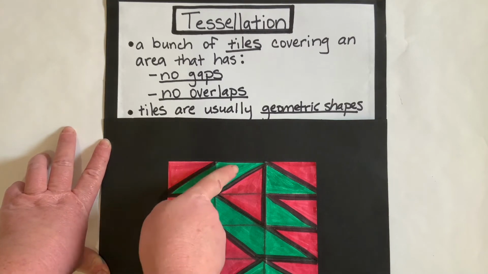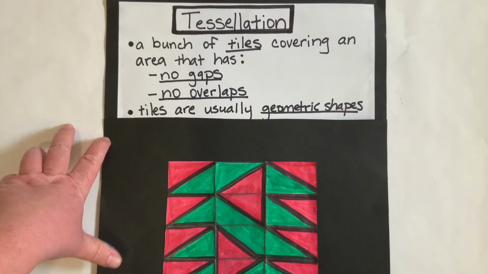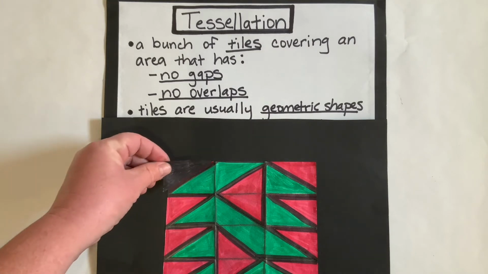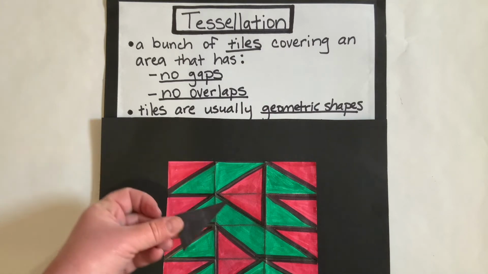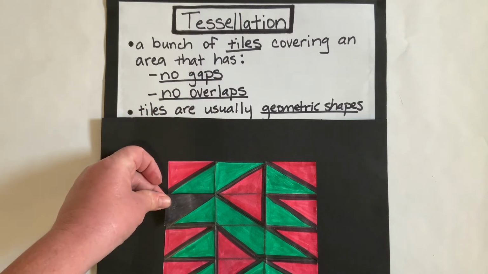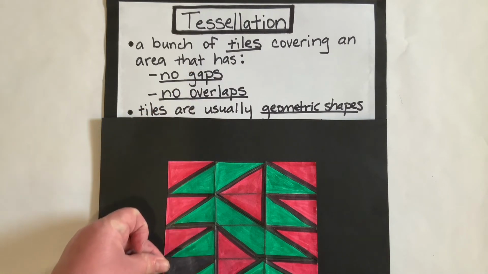Now, inside of each tile, did you know that I used a triangular shape to make my tessellation? Look, here's my black shape of a triangle. All I did was trace.